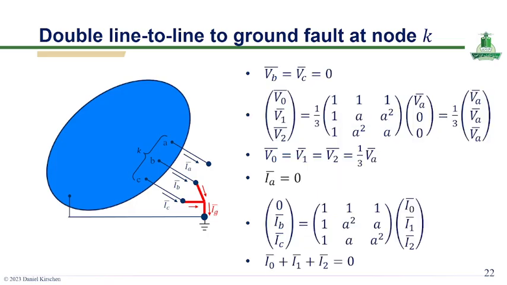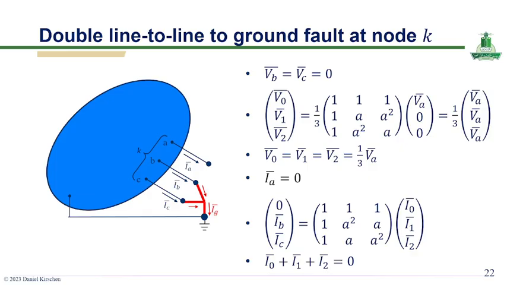Okay, this slide continues the analysis of the double line to ground fault at node K by applying symmetrical component transformation to voltages and currents. Since phases B and C are directly connected to ground during the fault, their voltages become zero, which leads to key results.